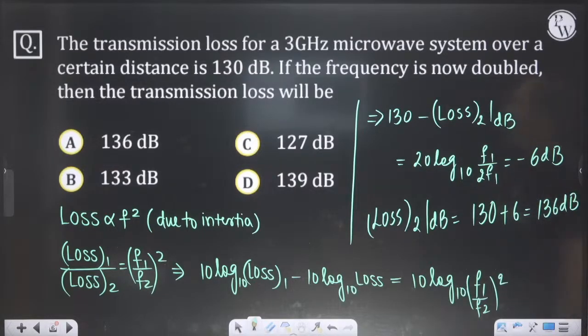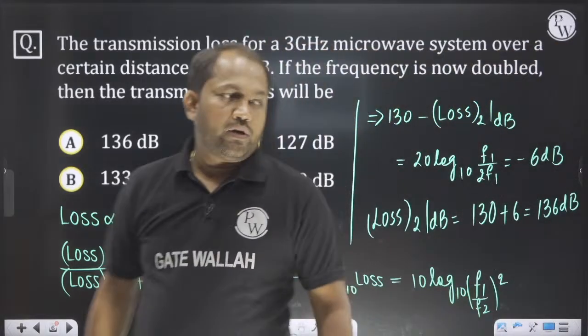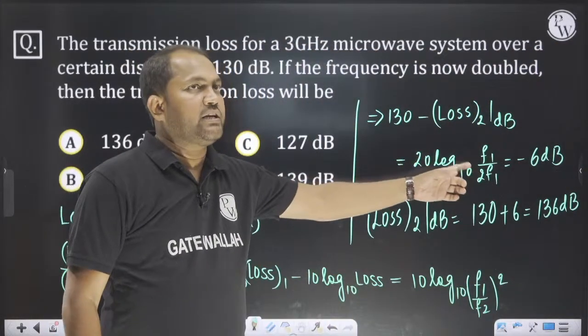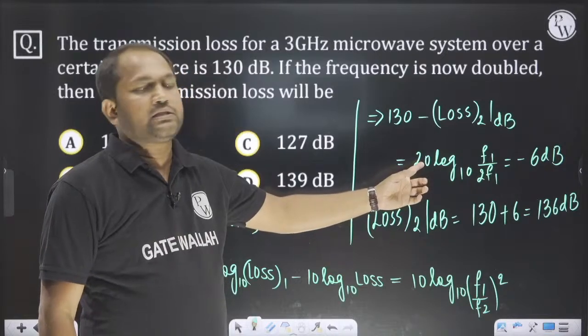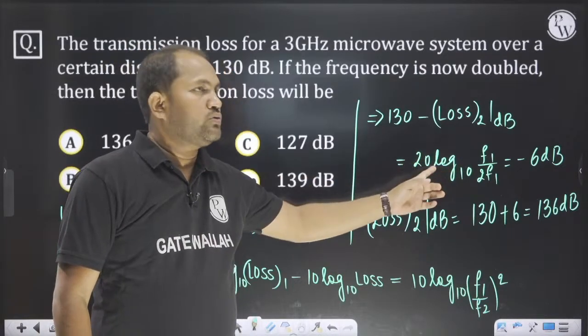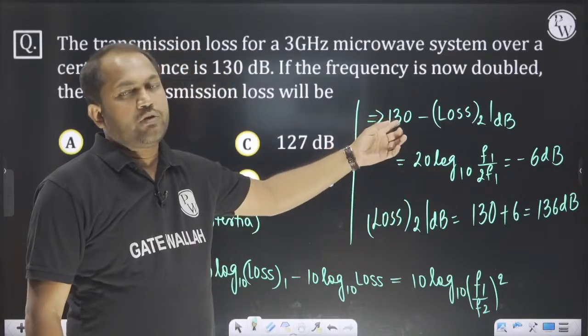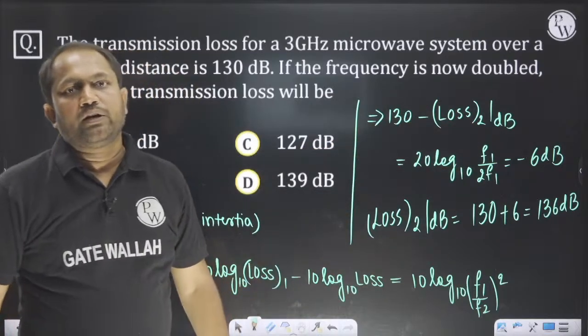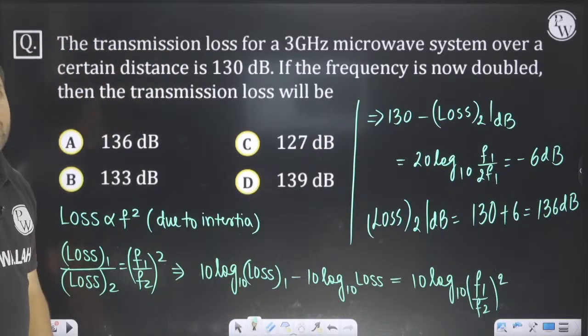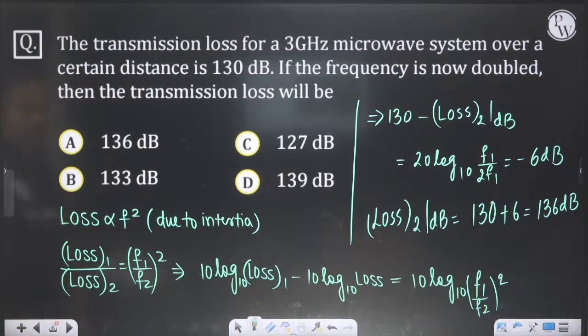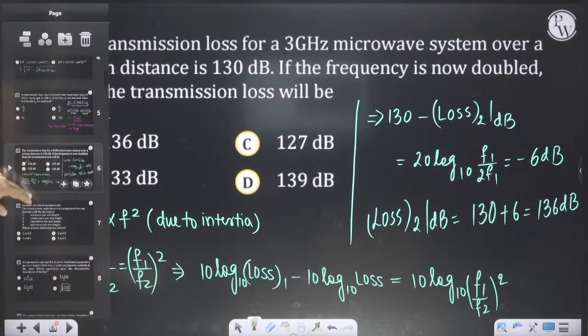Loss 1 is given, loss 2 we are calculating. So it is very easy to calculate. So the answer will be 136 dB. A option is correct.